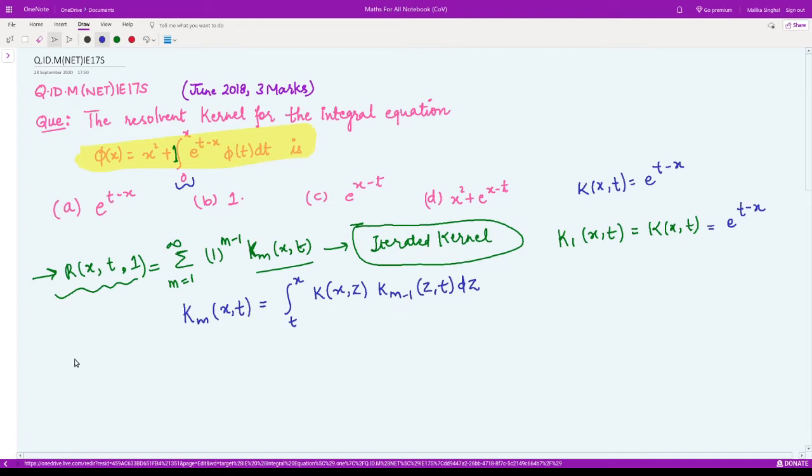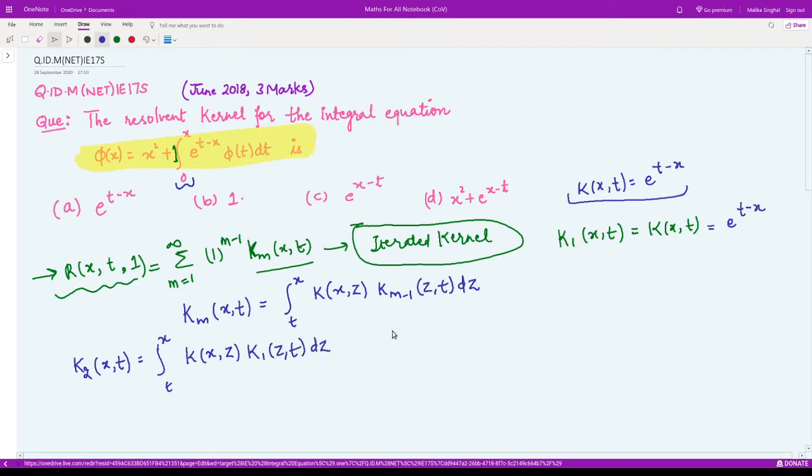So let us calculate the second kernel K_2(x,t). So what would be that? It would be integration from t to x, K(x,z) K_1(z,t) dz, right?